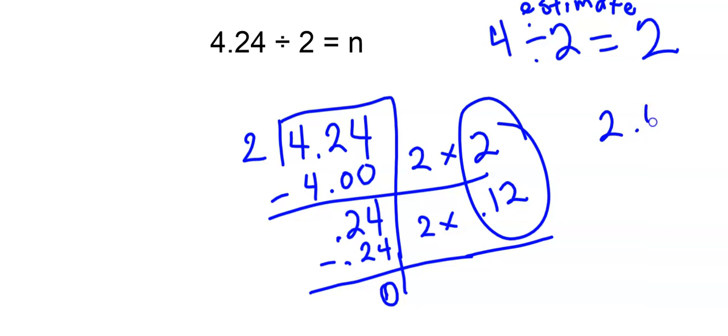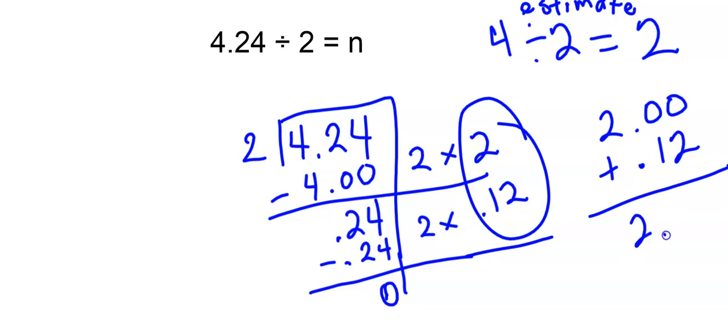Now, when I'm thinking about this, I want to make sure that I'm adding the right place value. So that wouldn't be 14, would it? Because that's not 12 wholes, that's 12 hundredths. So the total is 2 and 12 hundredths.